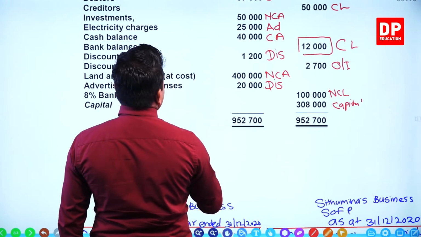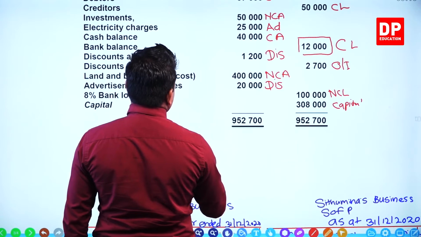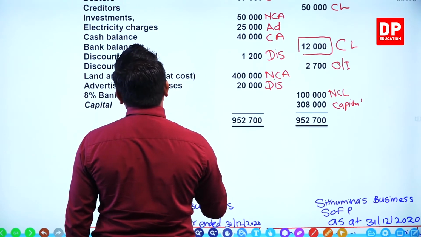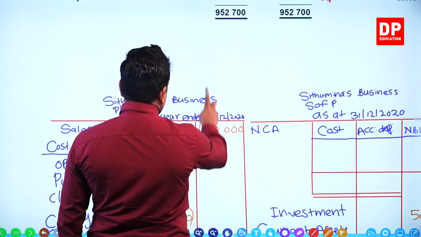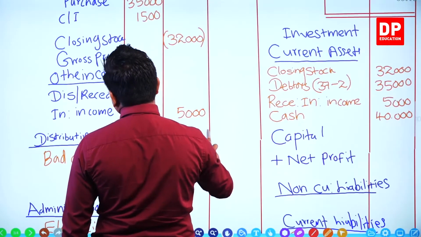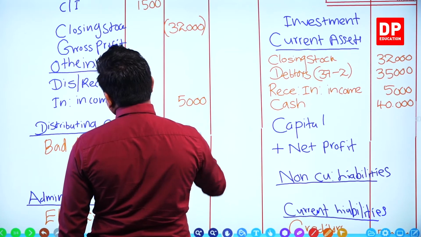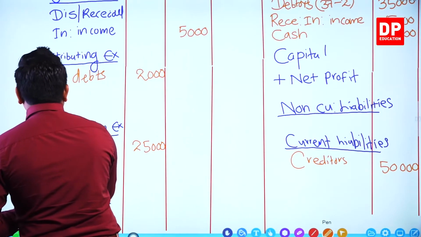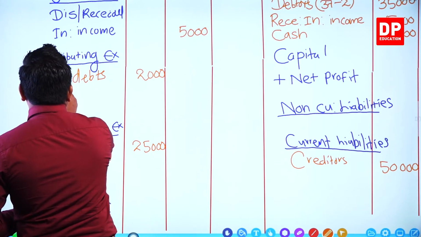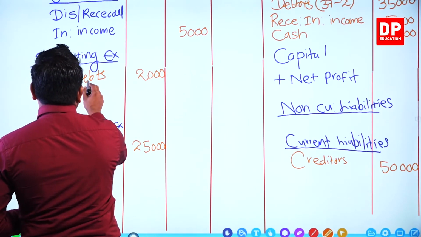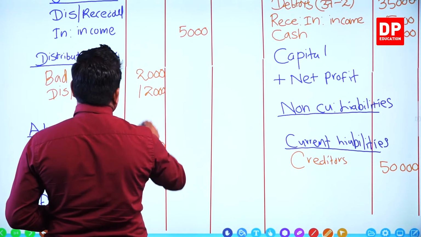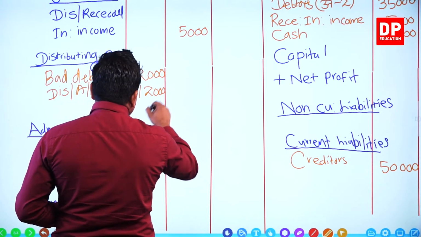Bank balance was given 12,000, but it's current liability. Discount allowed 1200. Distributing expense. Discount allowed 1200, but 12,000 is what? This is not the 12,000.